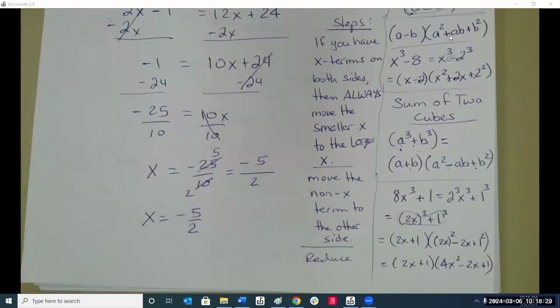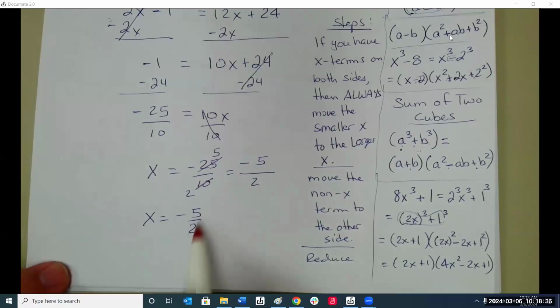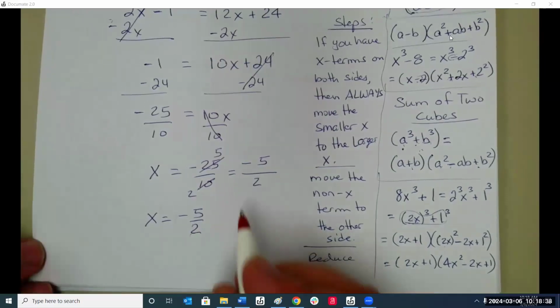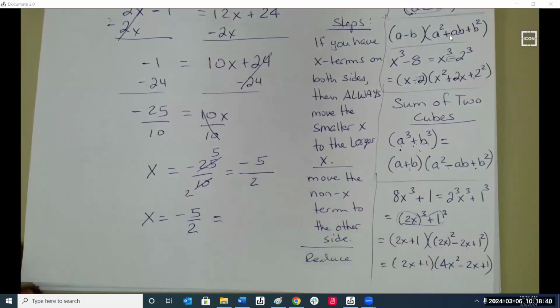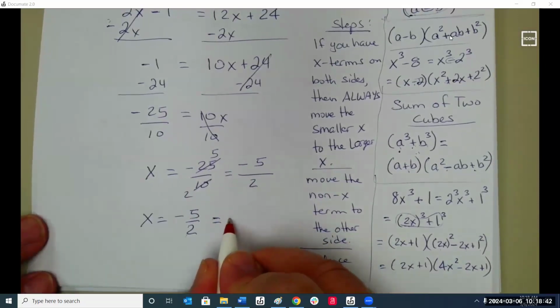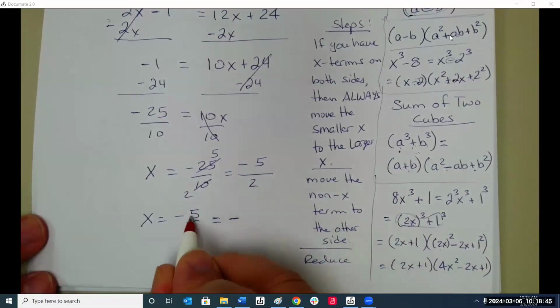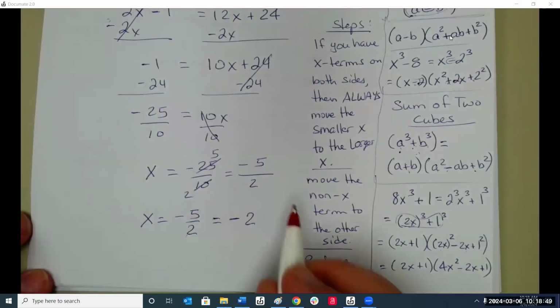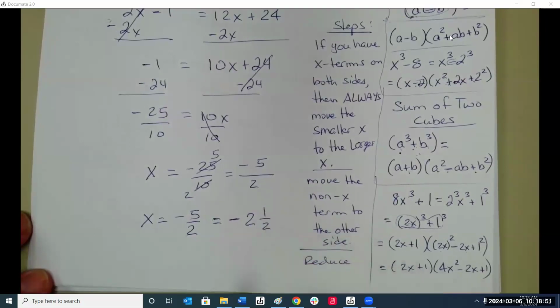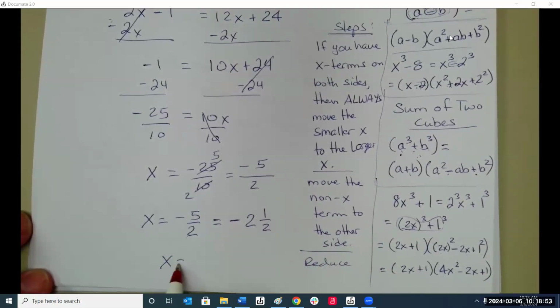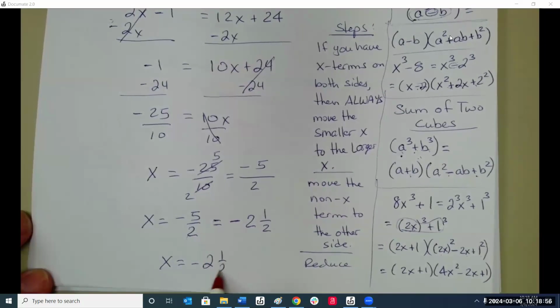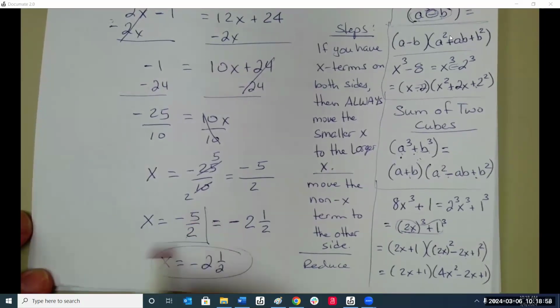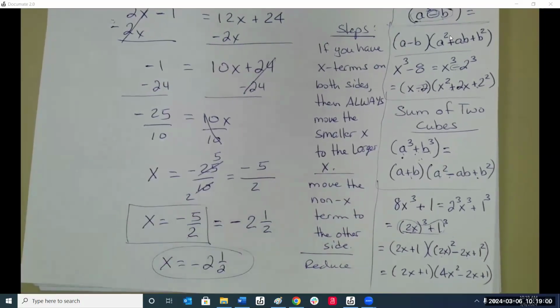Again, I think the computer will take that as an answer, even though it's not really accepted internationally, because you cannot have an improper fraction. The common convention of math says, okay, convert it to a mixed number. So the answer is negative. How many times does 2 go into 5? Twice, with how many left over? 1 over the denominator. So your answer really should be that. But I think the computer will take that number.